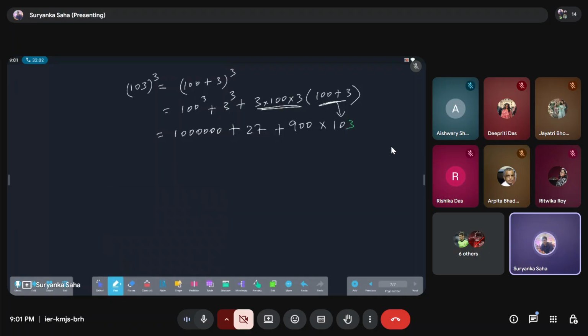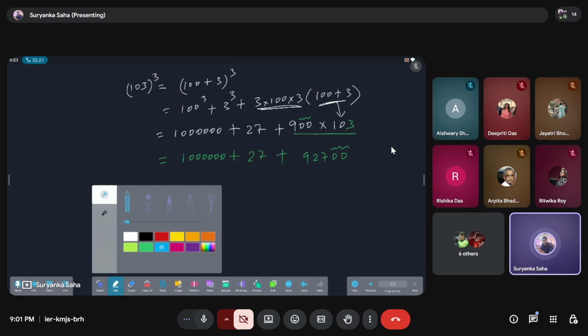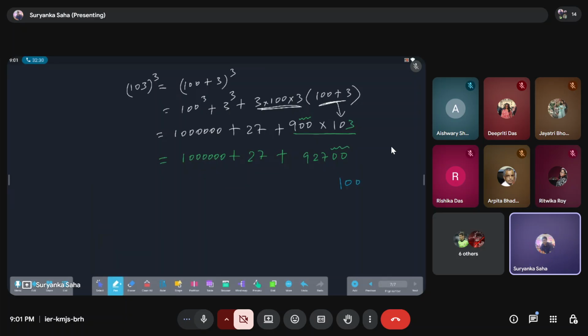This much is 103, chalo. 900 into 103 is how much? You multiply it with 9: 9 3s are 27, so 27, 0. 9 ones are 9, and these two zeros we will add up, 0 0. I hope understood. Plus 27, plus, now if you add up all, you can see all will fit up: 92700, and here it is 27.